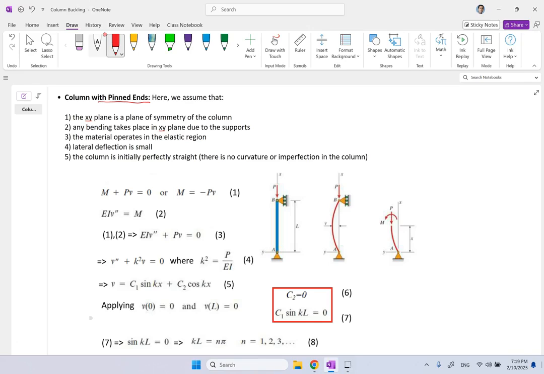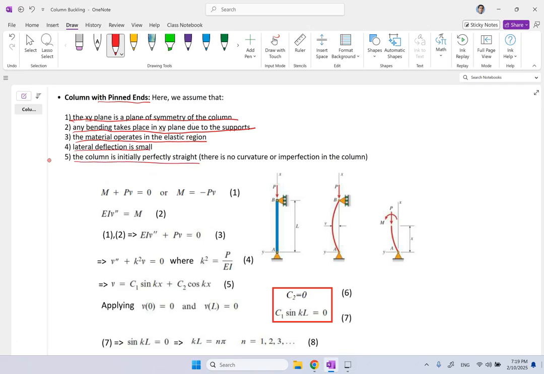Now, there are some assumptions that we make here. One is the XY plane is the plane of symmetry of the column. So the column here is symmetric about the XY plane. Any bending will happen in the XY plane. The material operates in the elastic region. The lateral deflection initially is small, and the column is initially perfectly straight.